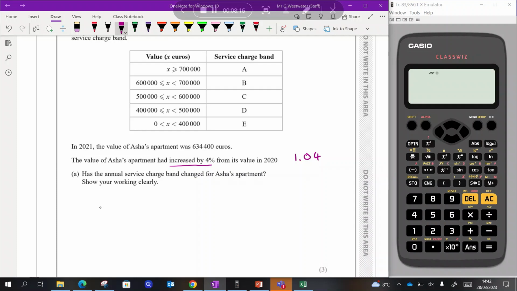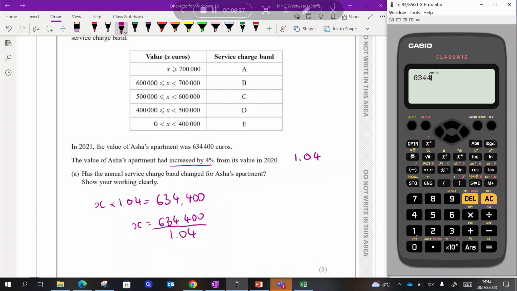So I'm saying, if I've got my value in 2020, let's call that x, times 1.04, this will equal 634,400. So x is going to be 634,400 over 1.04. Let's see what that is. 634,400 divided by 1.04, 610,000.